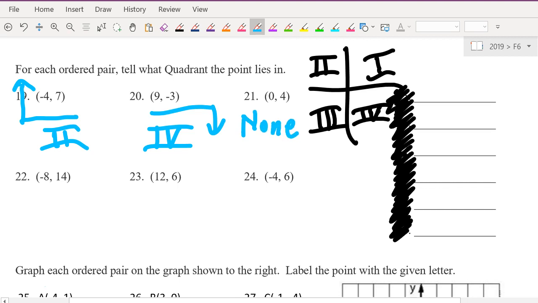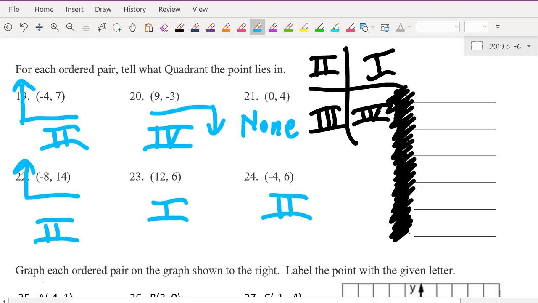It's on one of the axes. Which axis? The y-axis, because you go up and down. Number 22, we're going left and up, so that is also quadrant 2. 23 was both positive, that's quadrant 1. We had a lot of quadrant 2s.